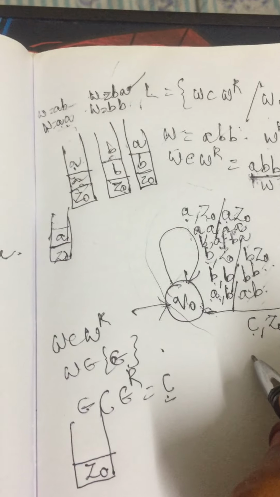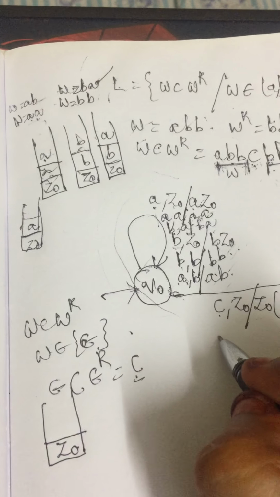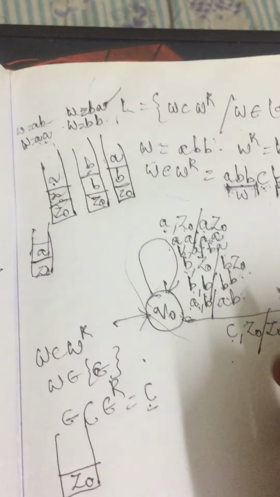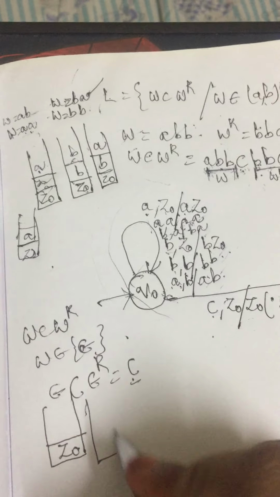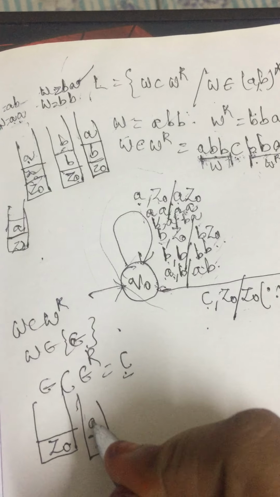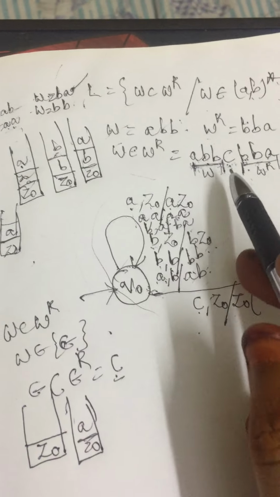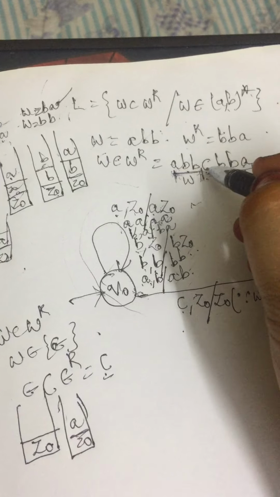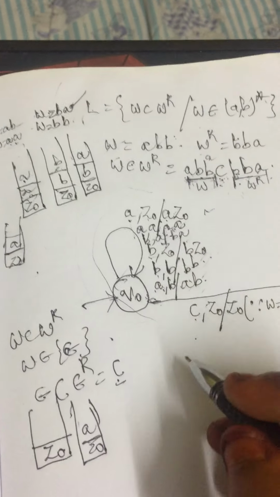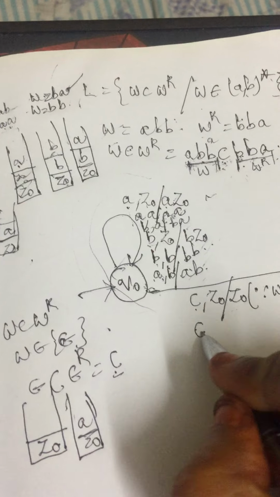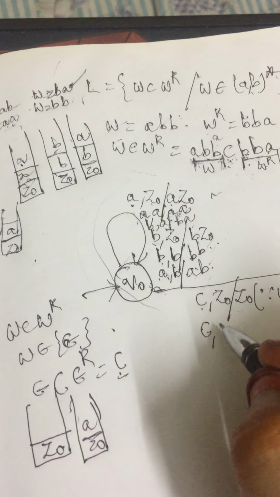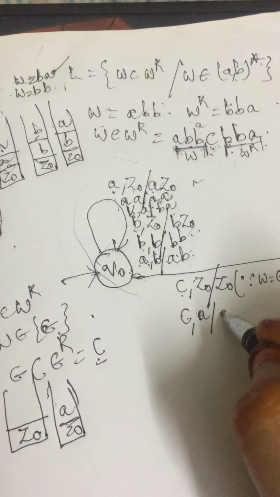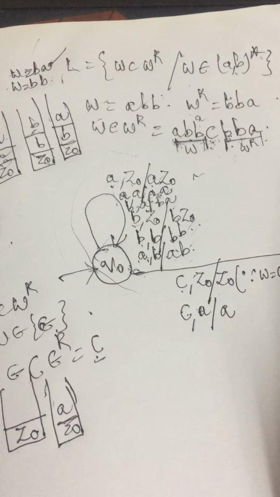Okay. And now, for example, let us consider the top of the stack was A. Before C, there was A, like this. Then the present input symbol is C, and the top of the stack will be this A. When we are performing the skip operation, let the top of the stack remain as it is.